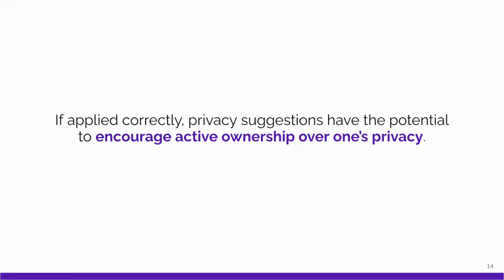The key takeaway was basically, if applied correctly, we found that privacy suggestions had the most potential to really encourage users to actively own or take charge over their privacy based on their application and engagement with the privacy features.